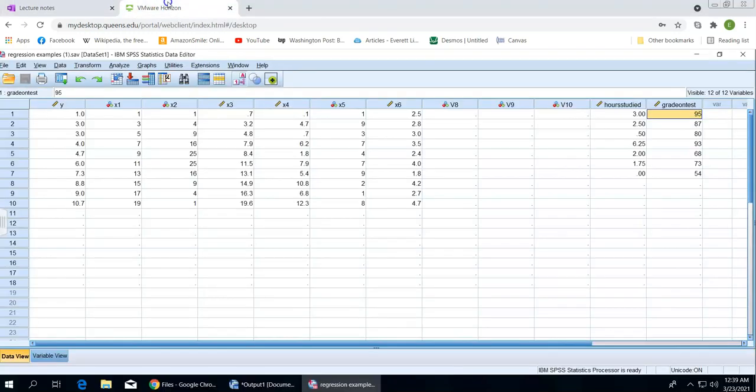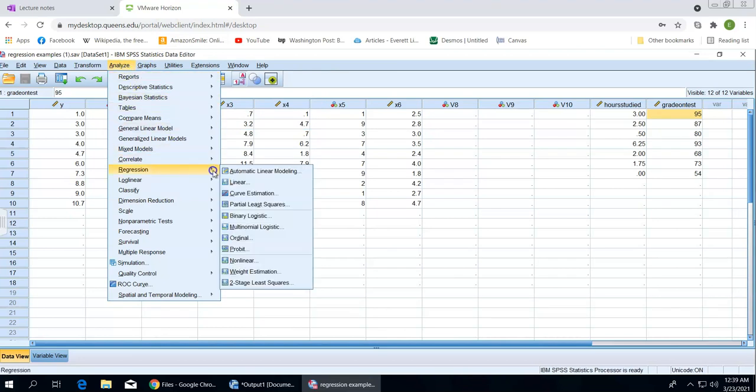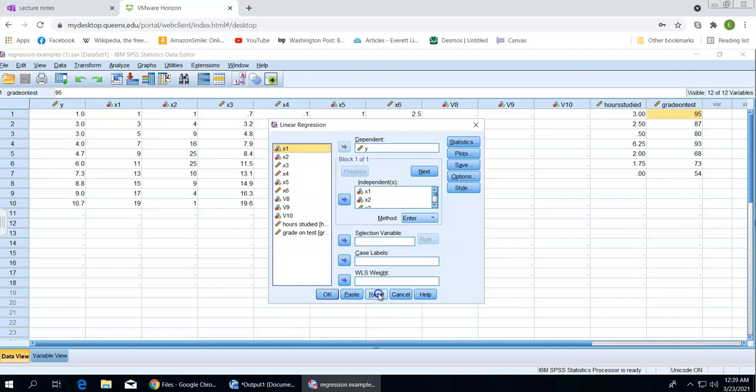So it's going to come in handy later on to be able to save the residuals. To do that, when we run our regression, let's say we wanted to do this one with just the one variable. Hours studied is going to be our independent variable. Grade on the test is our dependent variable.